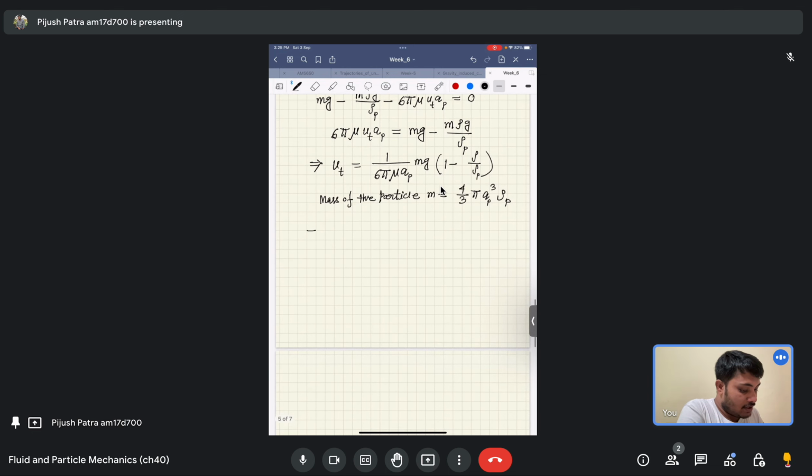That implies the terminal velocity of the particle ut is equal to 1 by 6 pi mu ap, I'll put the 4 by 3 pi ap cube rho p g into rho p minus rho divided by rho p.